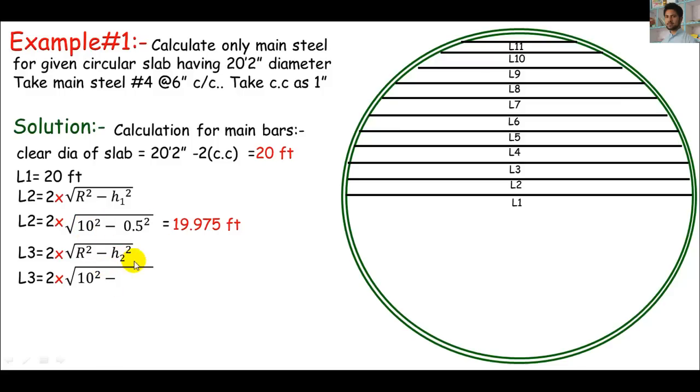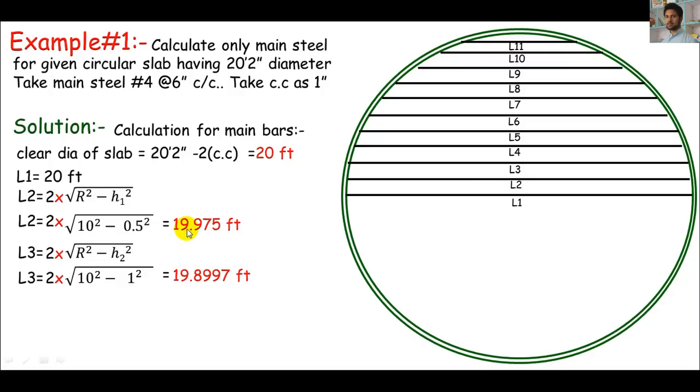It is the distance between L1 and L3, because we are calculating L3. Looking over here, this one is 0.5 and this one is 0.5, and 0.5 and 0.5 is 1. It means the distance between L1 and L3 is 1. So it's 1 square. You must get 19.8997, which is minimum from this.